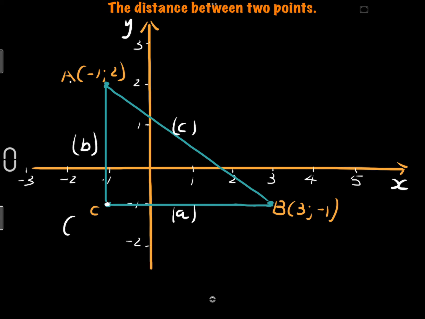Remember, when you talk about the coordinate system, we have first X and then Y after X. So in this case, X is at -1, and then Y is also at -1.